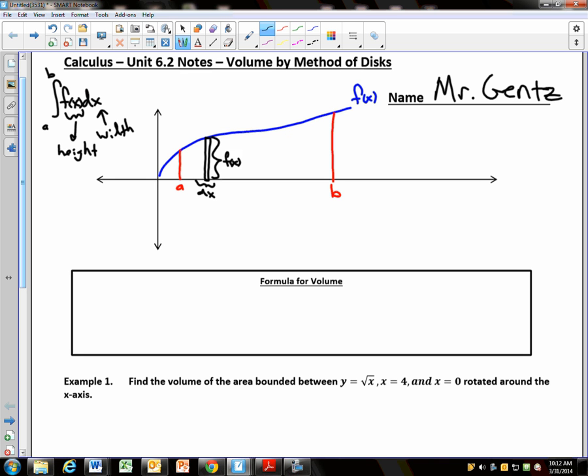And as we increase the number of rectangles, what happens to dx? It gets infinitesimally small. Watch what I'm going to do here.